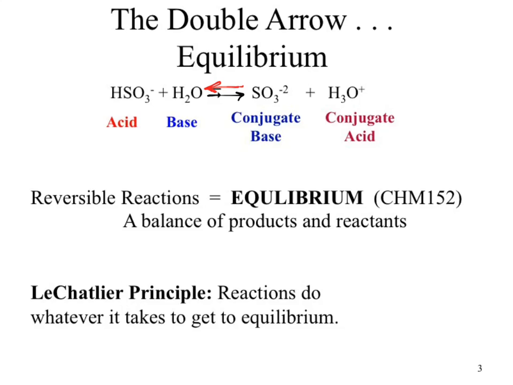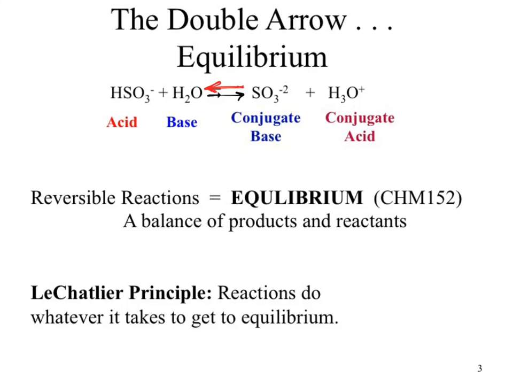We also have that reverse arrow happening, which means our product is not just on the right side of the equation. It is also on the left side. So if I ask for a conjugate acid, yeah, H3O plus is a conjugate acid, but so is HSO3 minus. You have to specify both of them. I still will go on the record and say that is an awful definition, but that is definitely the way it gets tested. So you need to know that.